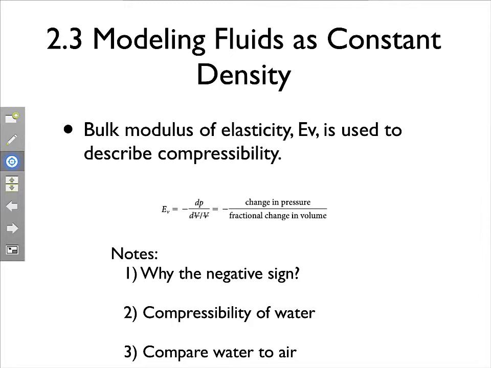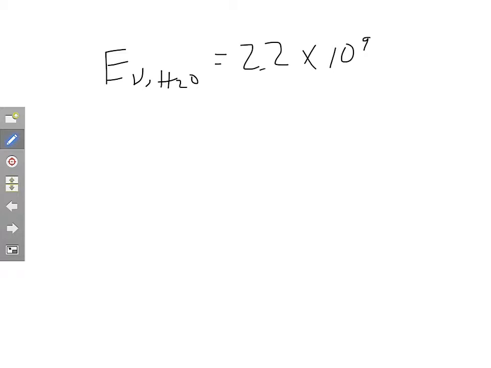The bulk modulus for water has a value of 2.2 billion Newton per meter squared. Those are pressure units, note. And that is a positive value.